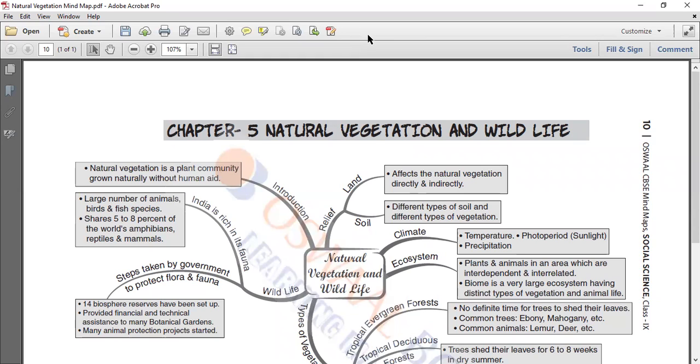Now, coming to the second factor that affects the diversity of flora and fauna, and that is climate. In climate, we spoke about temperature, photoperiod or sunlight, and precipitation.